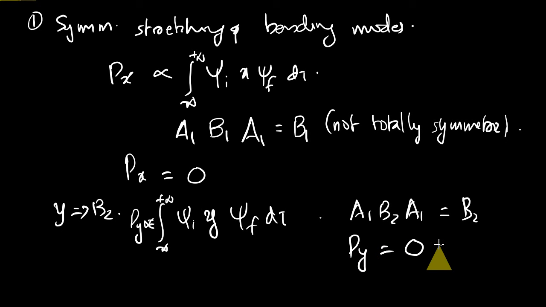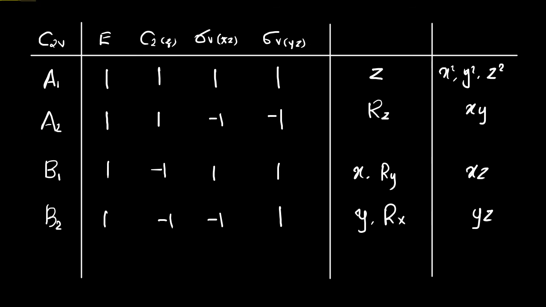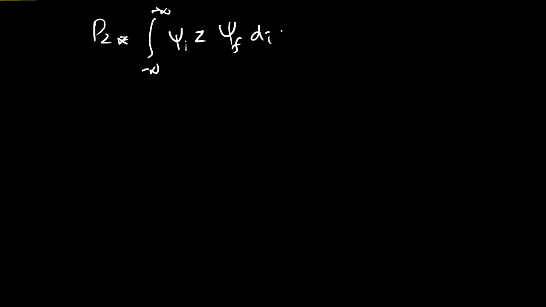Now we have to check Pz, right? Pz is proportional to the integral from minus infinity to plus infinity of psi I z psi f d tau. And now we have to know how z transforms. Group theory says that z transforms as A1 species. So whether this integral is 0 or non-zero, we can get from the direct products.